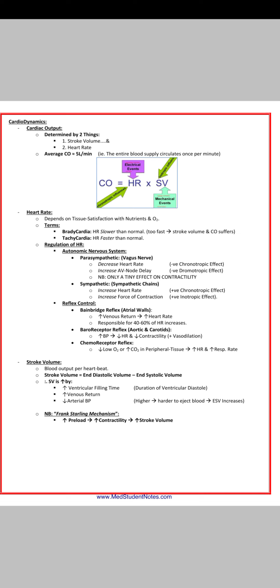It is responsible for 40 to 60% of the heart rate increase. So when the venous return from the body is increased, the heart rate also increases. This is the reflex control of the Bainbridge reflex.